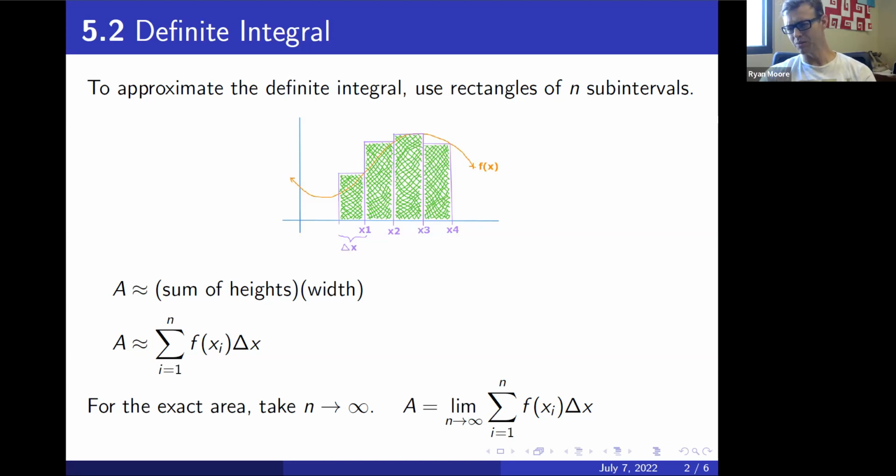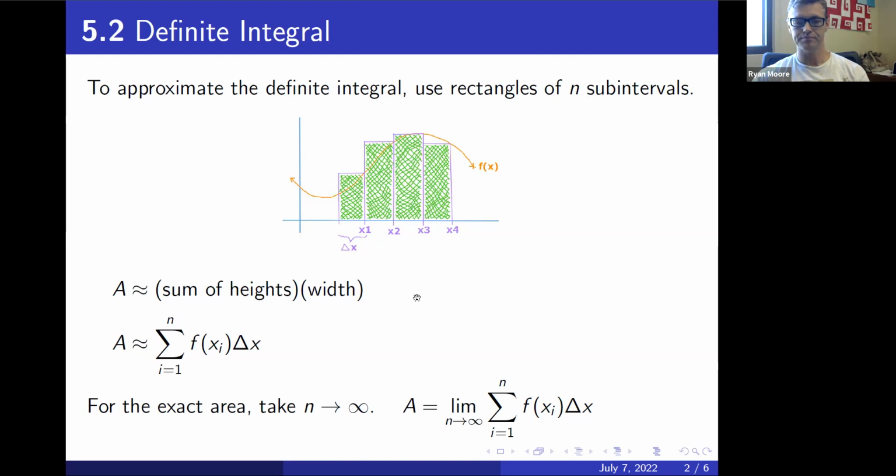One other thing I want to point out, this will be helpful later. If we have infinitely many rectangles, they're packing in here, they're infinitely tiny. What is happening to the width of each rectangle? Let's just mention that now. If you get more and more, the widths get smaller and smaller.